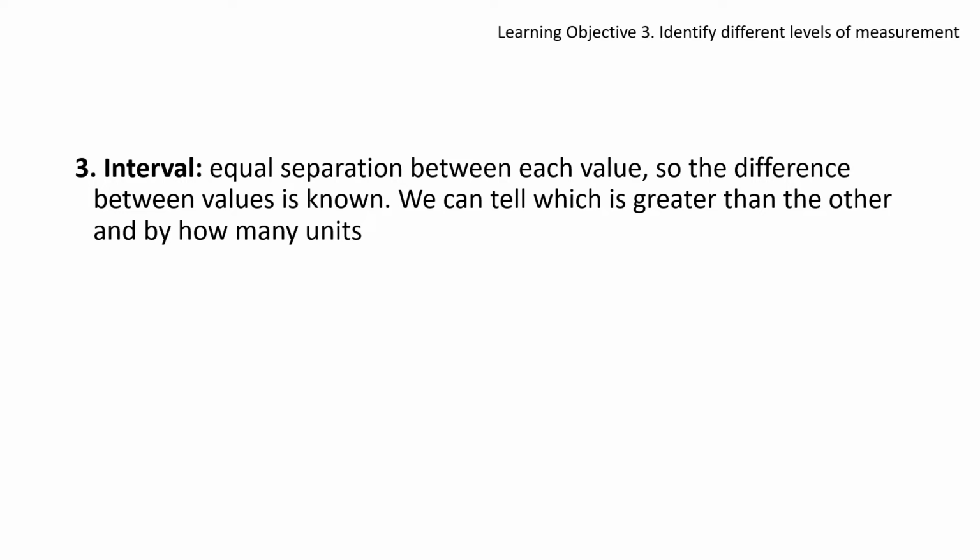If you have a 1, a 2, and a 3, the distance between 1 and 2 is the same as the distance between 2 and 3. We can still tell that 2 is greater than 1 and 3 is greater than 2. But now we can say how many units something is greater. So 3 is 2 units greater than 1 because the units between them are the same.